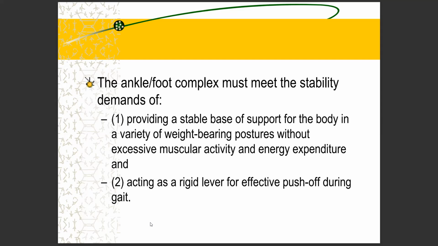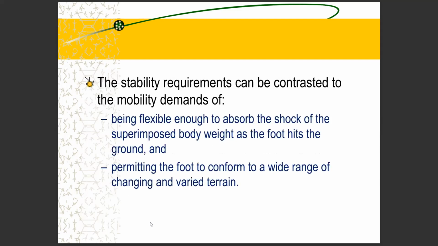We will discuss the different gait parameters as well as the gait in detail at the end of this lecture. The stability requirement can be contrasted with the mobility demands of being flexible enough to absorb the shock of the superimposed body weight as the foot hits the ground, and permitting the foot to conform to a wide range of changing and varied terrain, as we can see when we are going on a track.